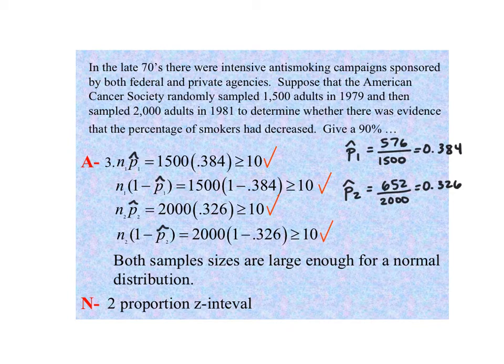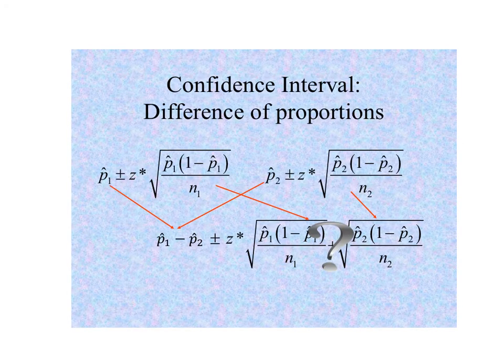All right. Now one of the last things I want to talk about is the calculation part. What's going to change? So let's go to the next slide. All right. So since we're dealing with 2 proportions, if I write out the formula that we would use for one proportion twice, I have the following 2 formulas, right?